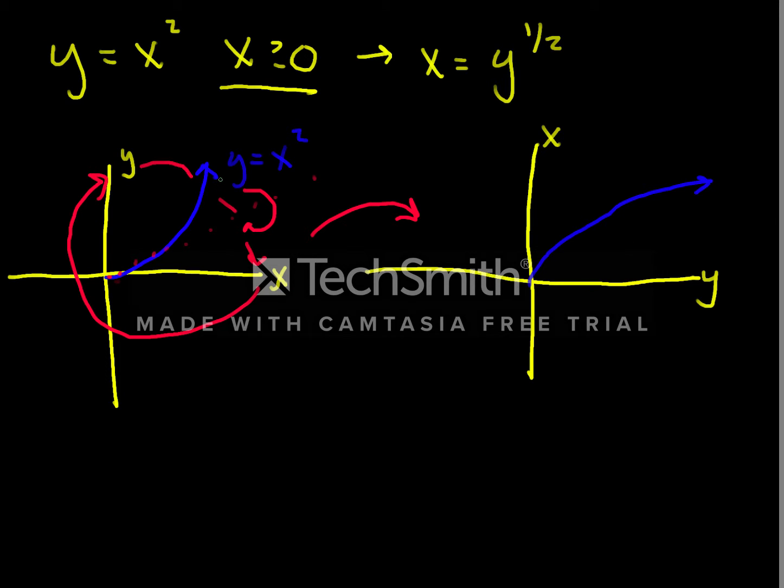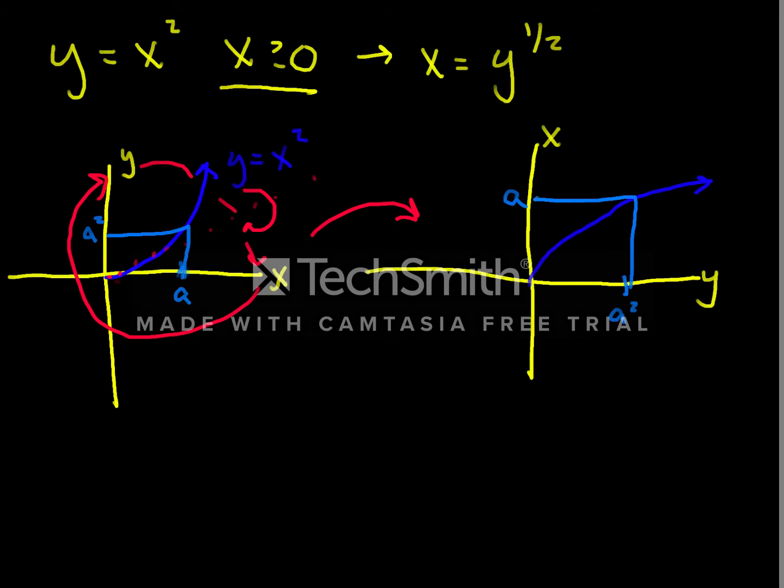Well, thinking about how functions work, this says if I start at some value a, then I go up here and end up at this value a squared. Well, the inverse says start at a squared, go into my function, and I come back at the value a.